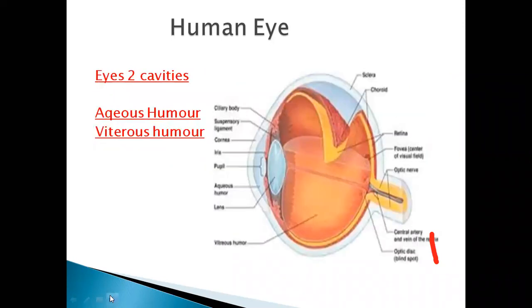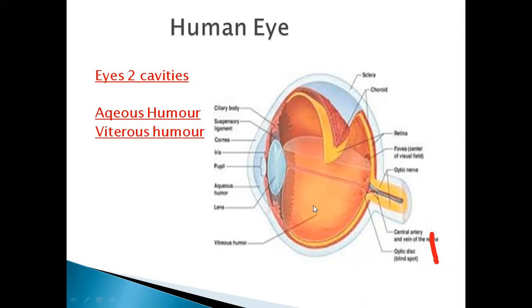Next is the cavities of the eyes. Eyes have 2 cavities. One is the aqueous humor and the other one is the vitreous humor. You can see this whole structure of the eye. This was the outer layer, here was the inner layer, and here was the middle layer. But at this point, you can see the aqueous humor, which is present in the middle of the eye, and next to it, this whole part is known as the vitreous humor.